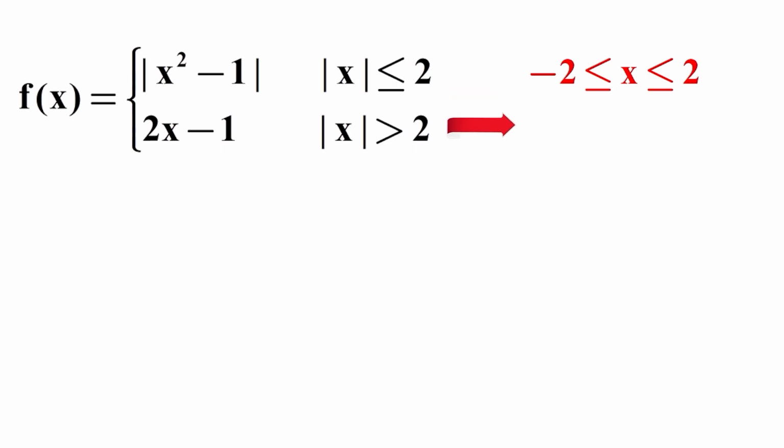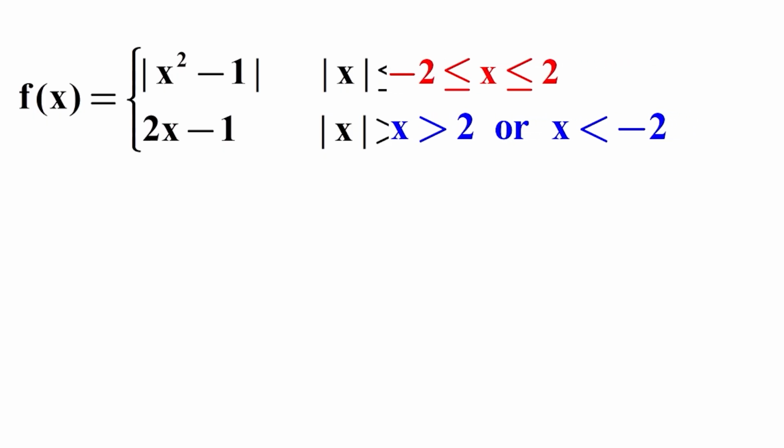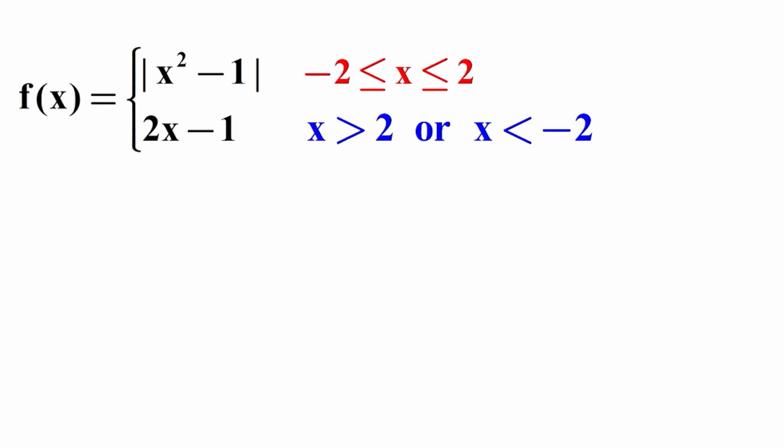Now let's look at the second case. We can rewrite the absolute value of x is greater than 2 as x is greater than 2 or x is less than negative 2. Now we must check the connection points. Let's start with x equals 2.